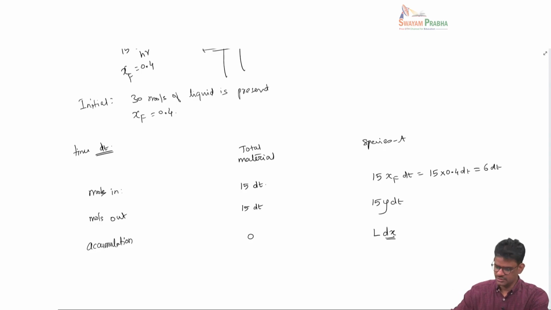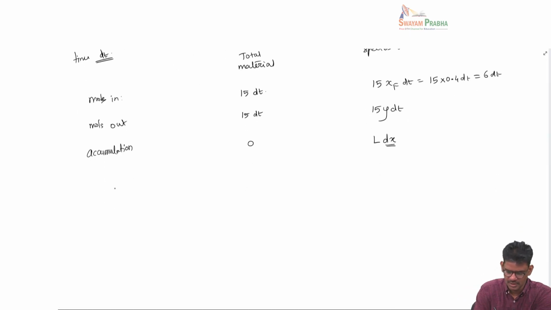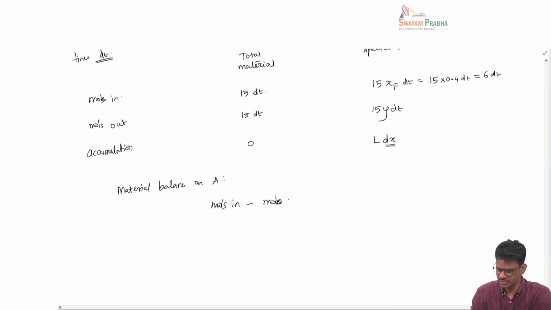Okay, so now we can write the mole balance or material balance for species A. Moles in minus moles out is equal to accumulation.